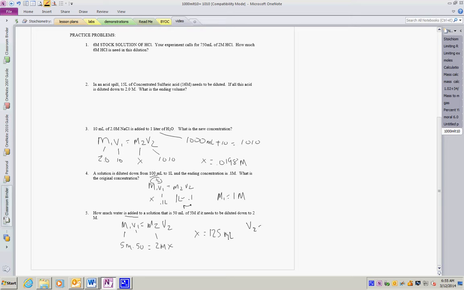V2 equals V1 plus what you add. So it would be 125 minus the original 50, which is 75 milliliters added. Right. And that ends our little discussion for dilution.